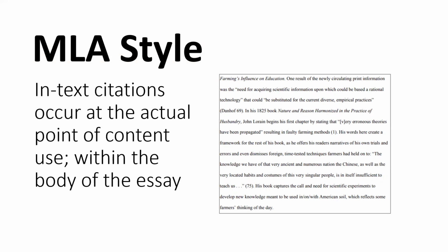So, for example, in his 1825 book, Nature and Reason Harmonized in the Practice of Husbandry, that's your signal phrase. John Lorraine begins his first chapter by stating that, then they quote, and then at the end, there's a parenthesis with a 1. More than likely, that is a page number.